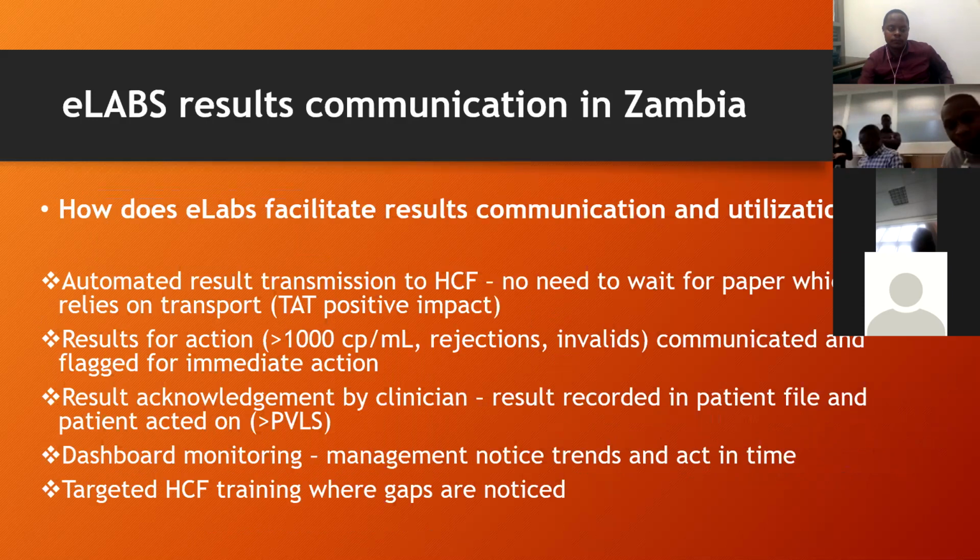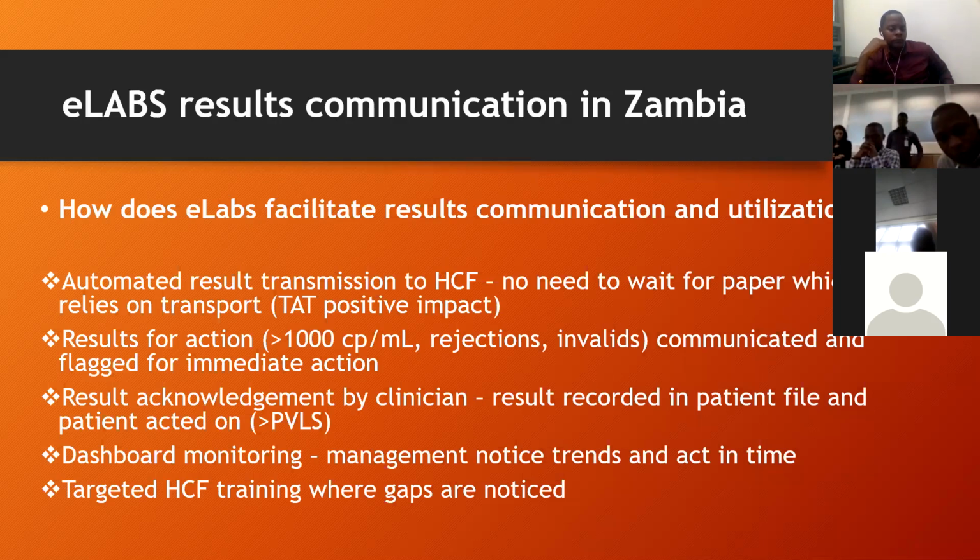So, how is results communication facilitated via eLABS? eLABS automatically transmits results to facilities, and there's no need to wait for paper-based results. eLABS also flags results for immediate action on our results platform, which are results that are above 1,000 copies, rejections, as well as invalids.